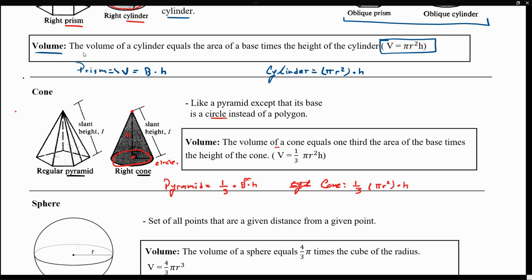And that's how we get this formula. The volume of a cone is 1/3 pi r squared times h, because the cone follows the idea of a pyramid, but since the base is a circle, we use the area of a circle instead of B. So that's how we define the volume of a cone.